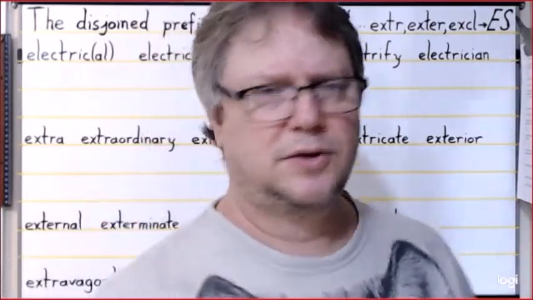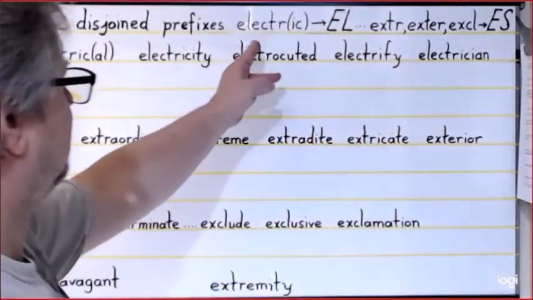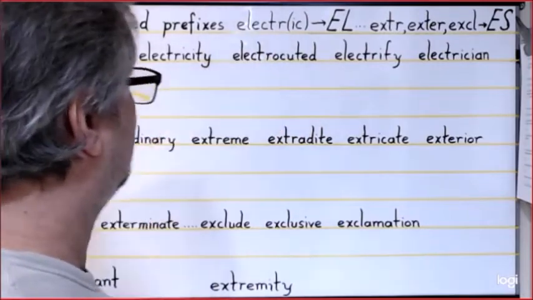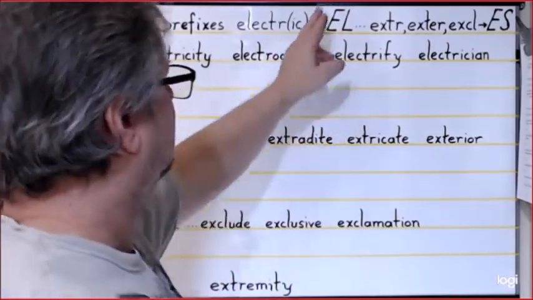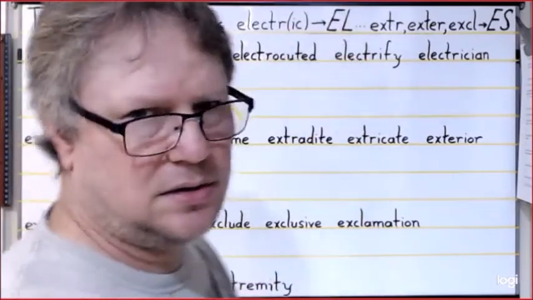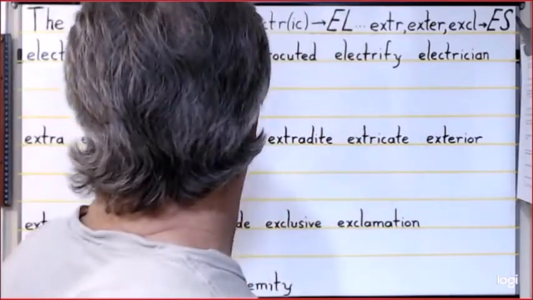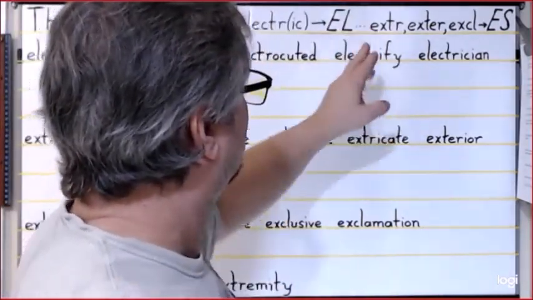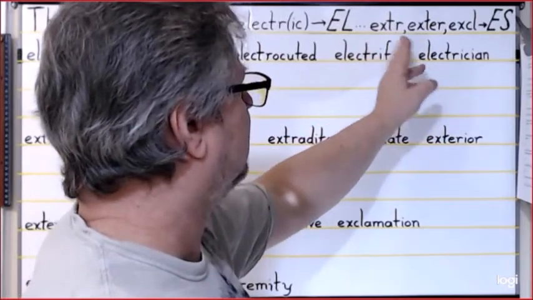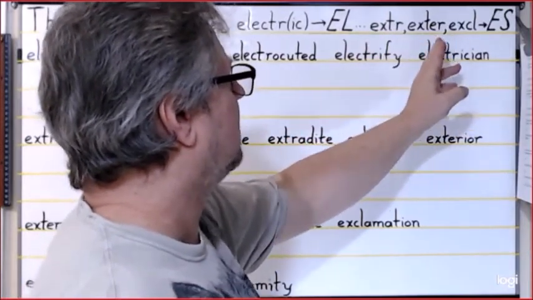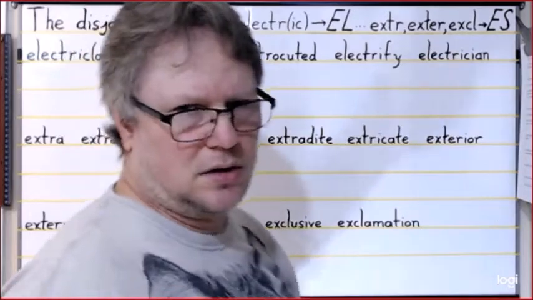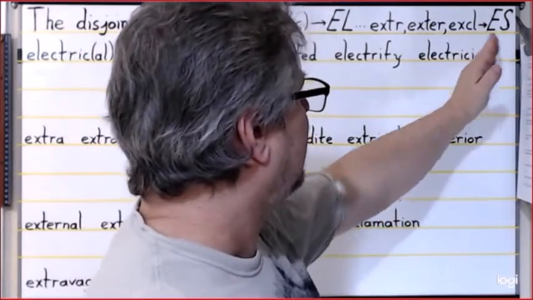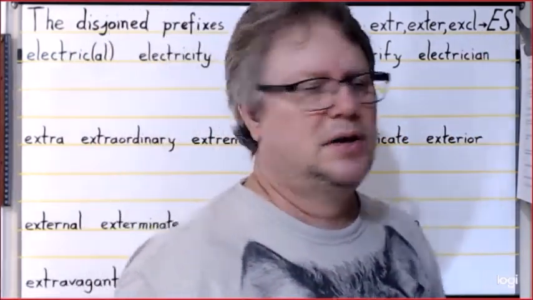The disjoined prefixes Electra and electric are represented by the EL above the line, and the disjoined prefixes EXTR, EXTER, and even EXCL are represented by the ES above the line.